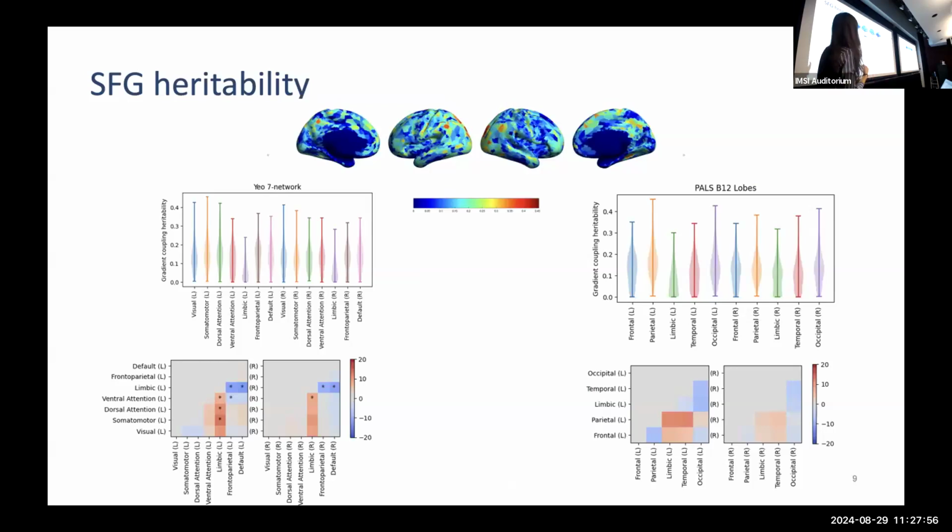So we then move on to study the heritability of these traits. Here we can see we also separated this heritability under different functional systems and the structural subnetworks, and then compared their differences.